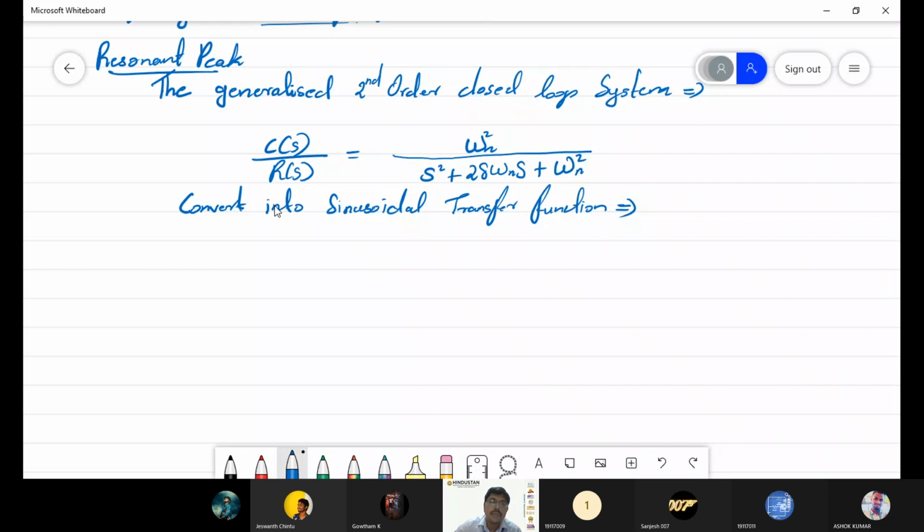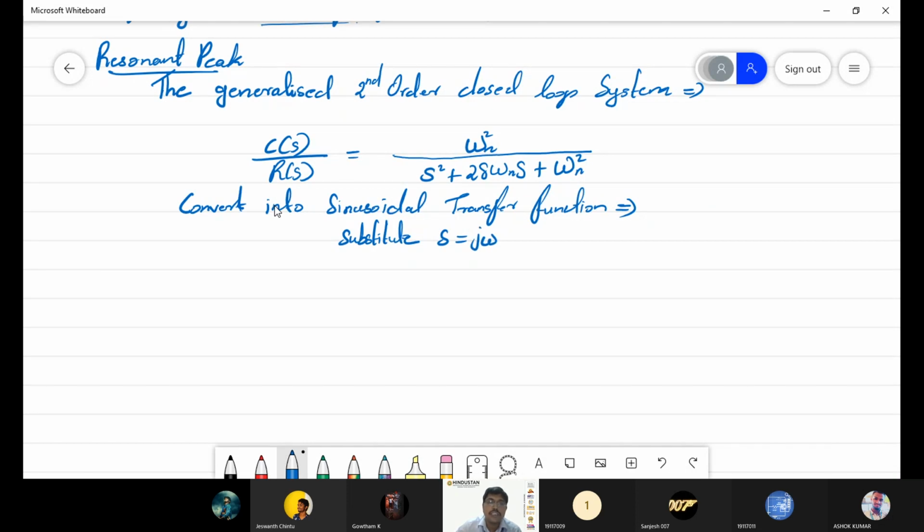Sinusoidal transfer function means substitute s equal to j omega.